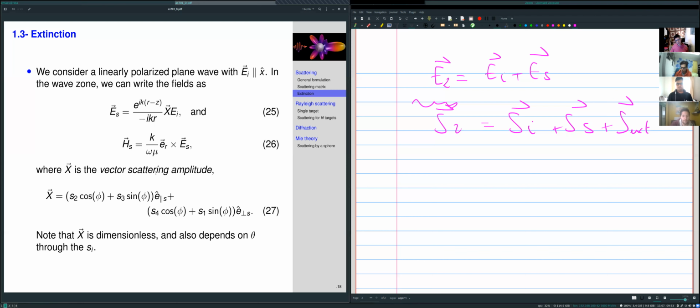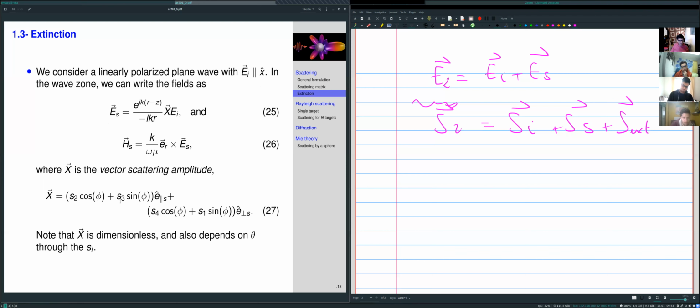You can compute this from the scattering amplitude, plugging in the corresponding theta and phi. This would be a straightforward geometry. We won't work it out here, but if you're given the scattering amplitude, then you can compute one particular E_S as a function of this particular polarization state.